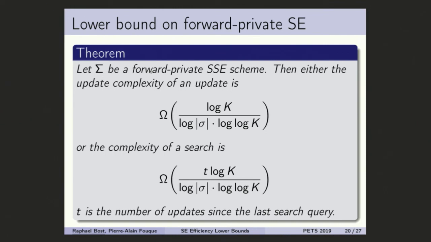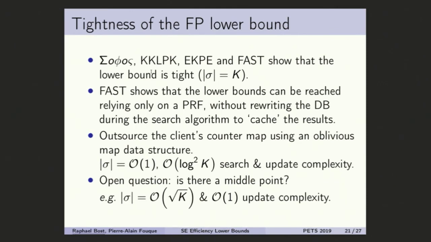So if you have a constant size state, then the update is logarithmic. I'm not going too much into details here, but again, the lower bound is very tight, and we just have to apply the previous results that showed that we already reached the lower bound before.